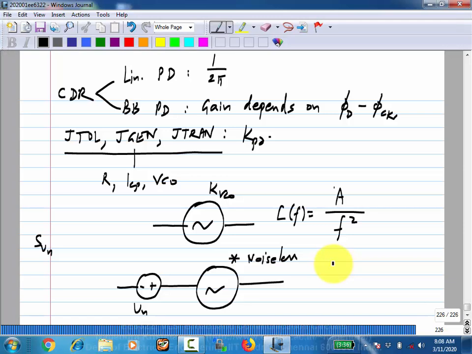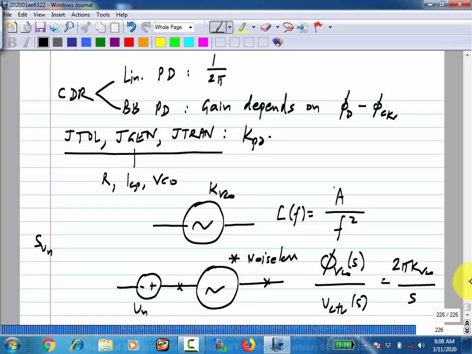What is the relationship between the control voltage here and the output phase? What is the transfer function, phi of s by V control of s? In our notation, it is 2 pi kVCO by s, because our kVCO is in hertz per volt.